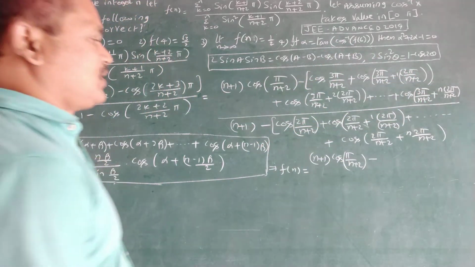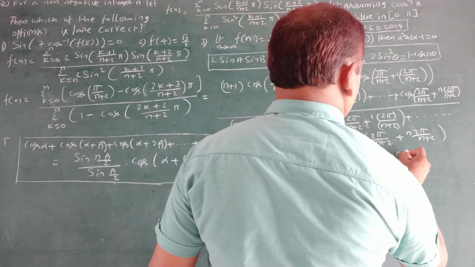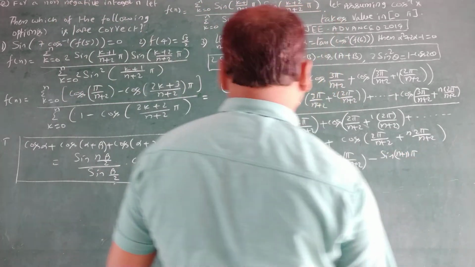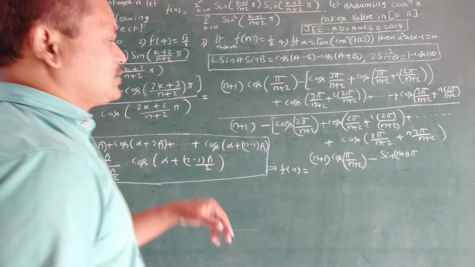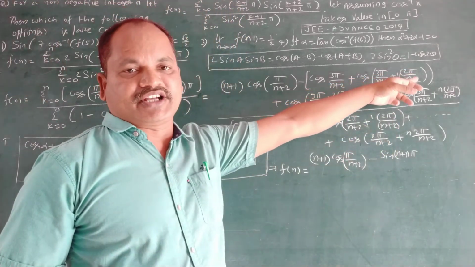Now substitute in this formula: sin((n+1)π/(n+2)), since n goes to n + 1, into sin of β/2, where β is 2π/(n+2).